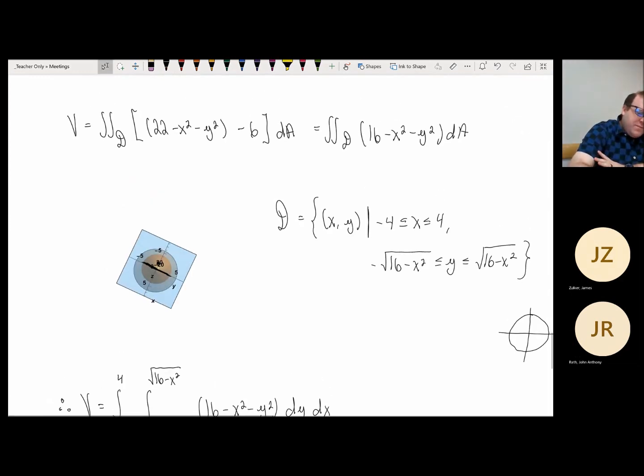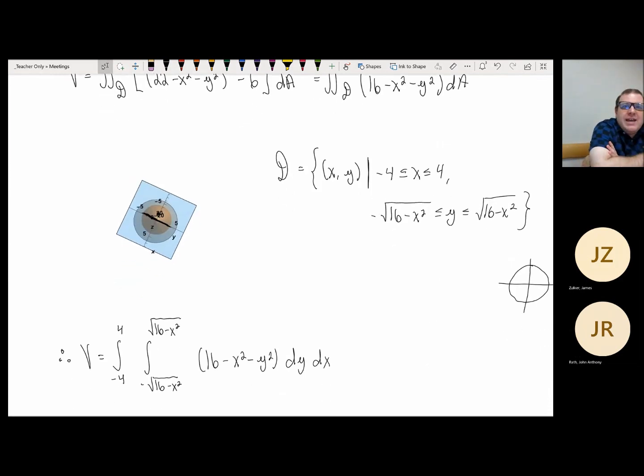Right, so remember we originally defined D in rectangular as the set of ordered pairs xy such that x is between -4 and +4, and y is between negative square root 16 minus x squared and positive square root of 16 minus x squared. We now want to describe that as a polar region.